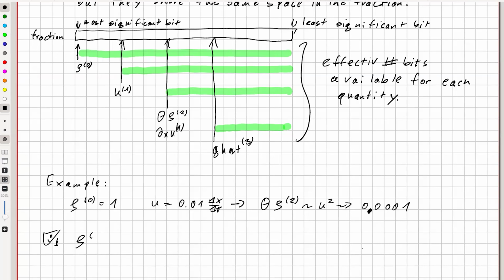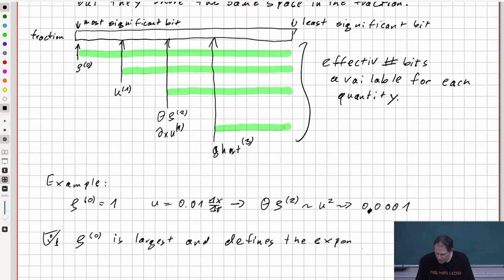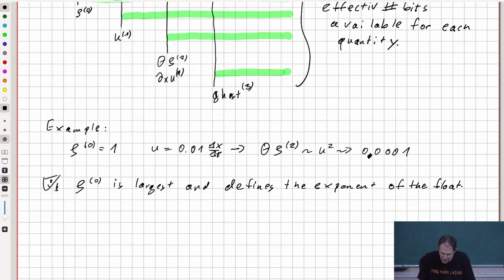So this rho 0, this is largest. And it defines the exponent of our float. This means that rho 0 is stored, if we are in 32 bits, it's stored in all 23 bits.